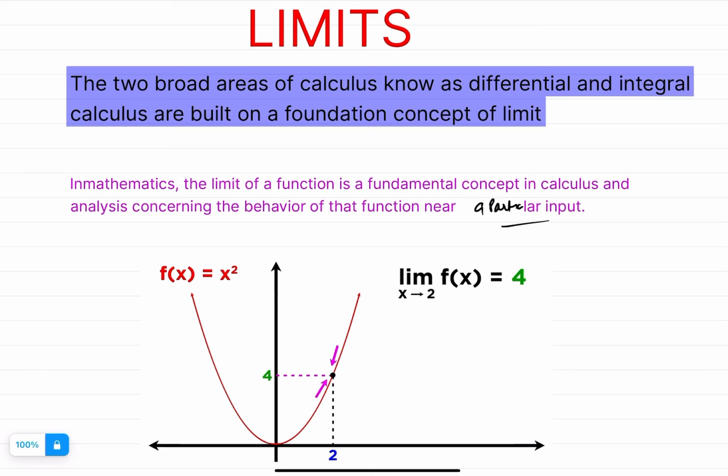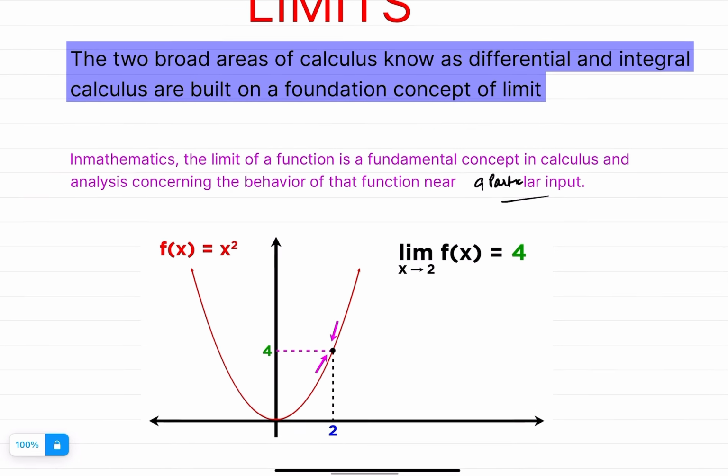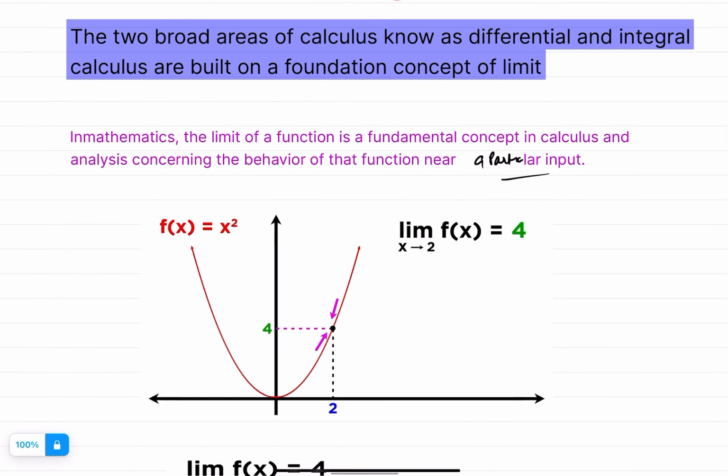For example, I will take a function f(x) equal to x squared. I have made a graph of it. Let's say we want to analyze the behavior of this function when x equals 2. We can see graphically that when we take x equal to 2, the function generates an output equal to 4.